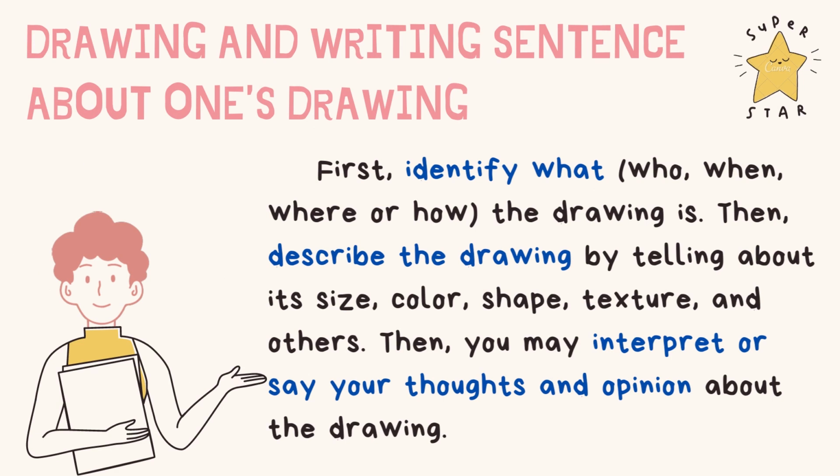First, you have to identify what or who, when, where, or how the drawing is. Then, describe the drawing by telling about its size, color, shape, texture, and others. Then, you may interpret or say your thoughts and opinion about the drawing.